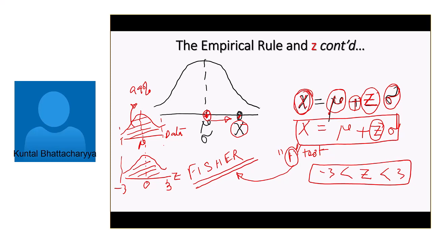You bring in any data set, be it your grades, be it the time it takes to serve customers, be it the salaries, be it revenue, be it stock prices, you bring it on. And if you convert that into a corresponding z distribution, it is always centered around 0. Always, always, always. That makes the z distribution a standard normal distribution because it standardizes any normal distribution.